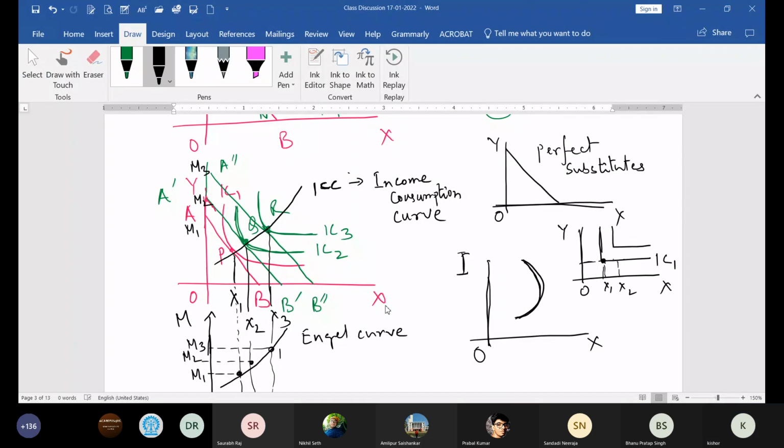Without increasing y, you are spending more and more money for purchasing x only. Then also your utility may not go up, because although you spend and possess it, you are not getting its service, the benefit. To get this benefit fully, you have to increase both x and y in a certain proportion. Then only you will be in a position to move to a higher indifference curve. So there is a possibility that the indifference curve may be L-shaped.